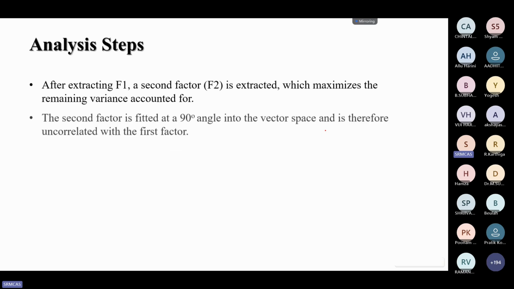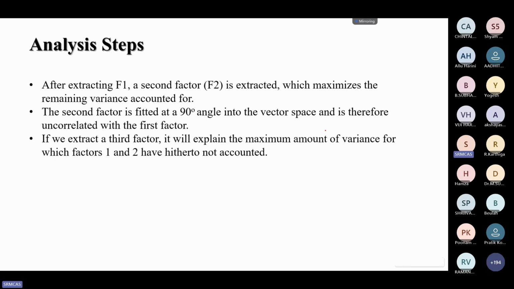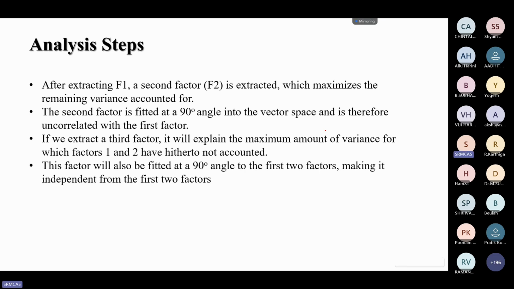The third factor is also extracted by maximizing the variance left out by factor 1 and factor 2. Like that, subsequent factors are generated by maximizing the variance left out by the previous factors.